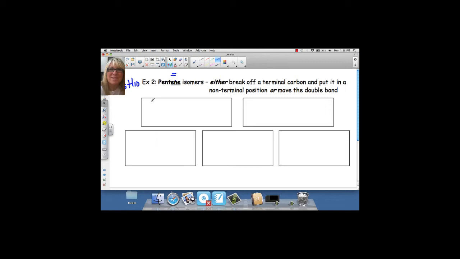So let's start by drawing pentene. So we have 5 carbons, and we know that there's 1, 2, 3, 4, 5, 6, 7, 8, 9, 10 hydrogens. So this is just normal pentene. Well, the easiest thing for me to do would be to move the double bond.